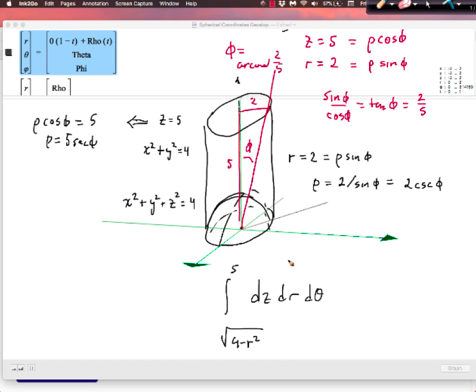So is there any other, in terms of z, is it broken up at all? Is there more than one bottom or more than one top? No, the whole bottom of it is the sphere and the whole top of it is 5, and then r goes from 0 to just 2. And theta goes from?